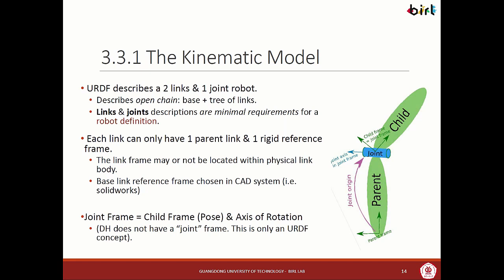Sometimes this reference frame could be here, even though the link is here. It depends on how you want to describe the system. This often happens if we compute forward kinematics using Denavit-Hartenberg parameters, the DH parameters, because we have some rules about how to put things together.